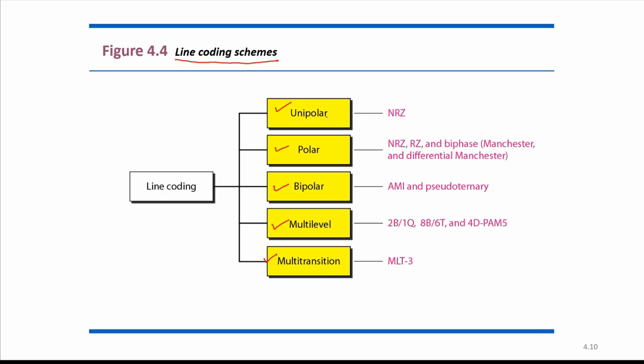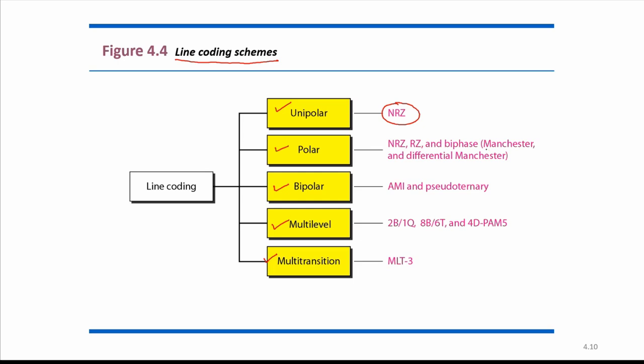In unipolar, the line coding technique is called NRZ, that is non-return to zero. Similarly, polar can be of NRZ type, RZ, or biphase.